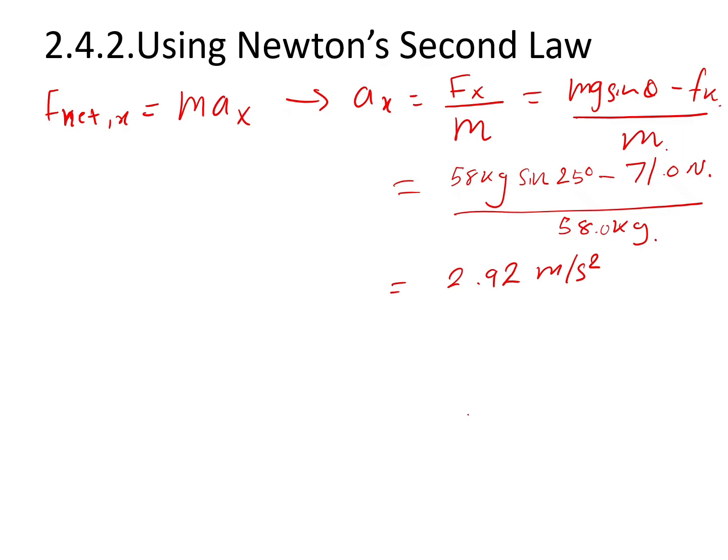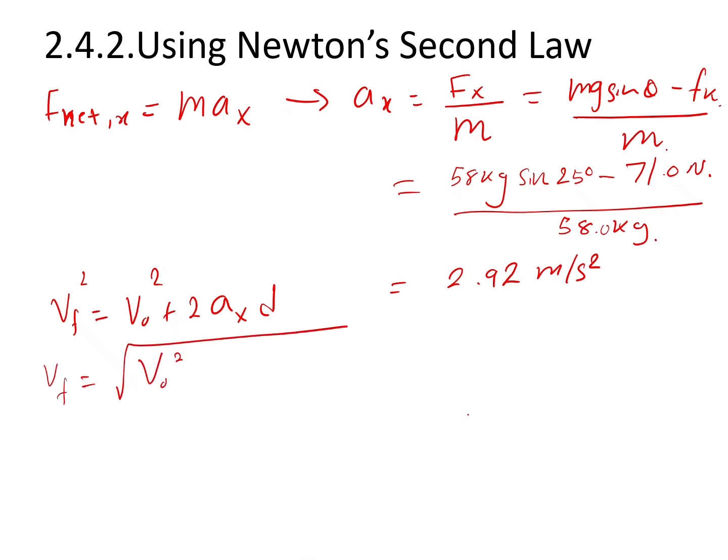And now we can use the equation v final squared equals v initial squared plus 2 times acceleration times displacement. Then we get v final equals the square root of v initial squared plus 2 times acceleration in the x direction times displacement.